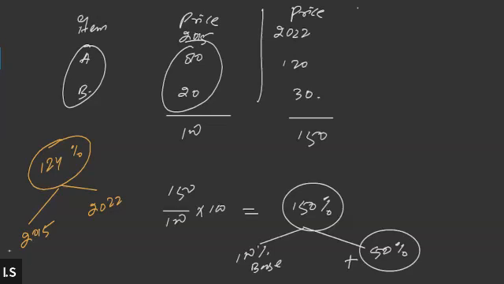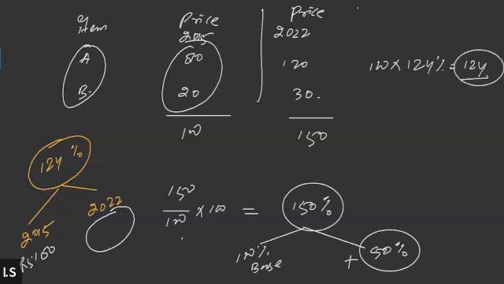Let's suppose the price in the year 2015 was 100 rupees, for example. If I say that currently the price is 124% of 100, how much will it be? Can you calculate it on the calculator? When you calculate it, you will find that 124% of 100 rupees means 124 rupees, right?